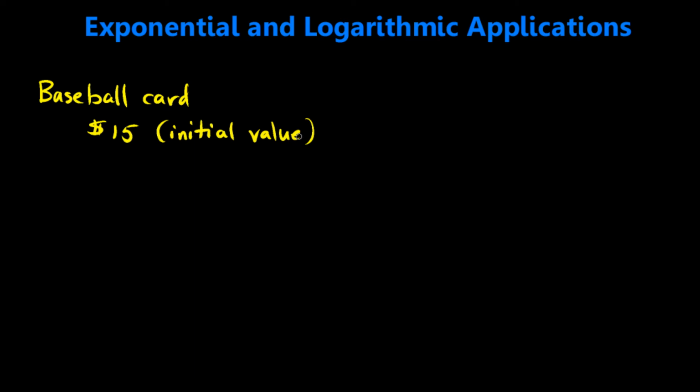Now, because of the player's performance, maybe the baseball card goes up in value every year by a certain percentage. So the value increases by, let's say, 30% each year.